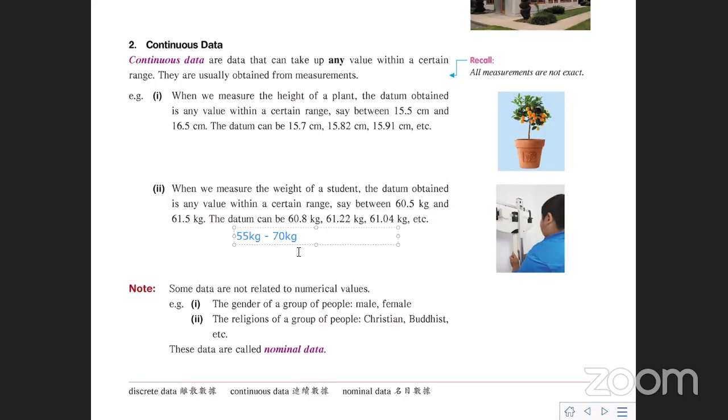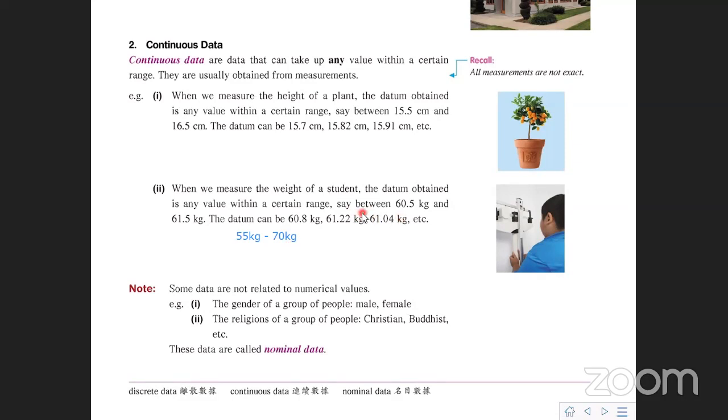This is called a range. Certain range. Can you see this word? Certain range. And this is called a range from 55 to 70.